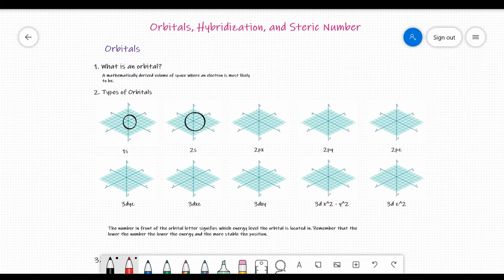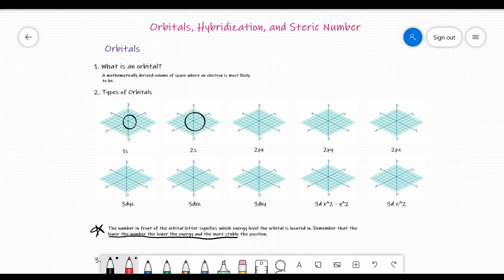It's also important to note, as you see down here at the bottom, that the number in front of the orbital letter signifies which energy level it's located in, and also that the lower the number, the lower the energy, and the more stable the position. Therefore, the 1s orbital will be lower in energy and more stable than the 2s.